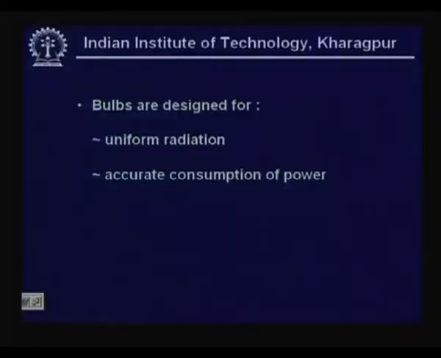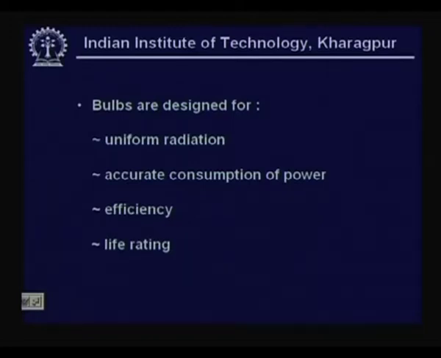Also accurate consumption of power, because that will enable the engineer to estimate actual requirements comfortably; and efficiency, no doubt, every system should be efficient; and the life rating enables us to decide when to replace the lamp.